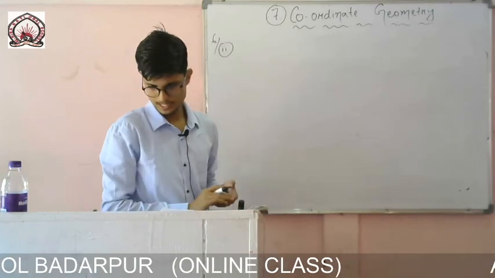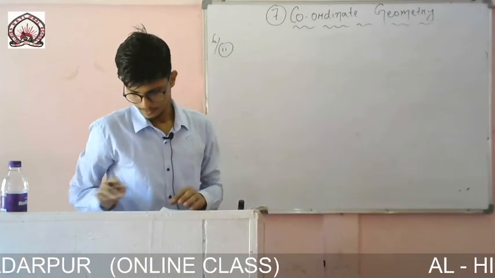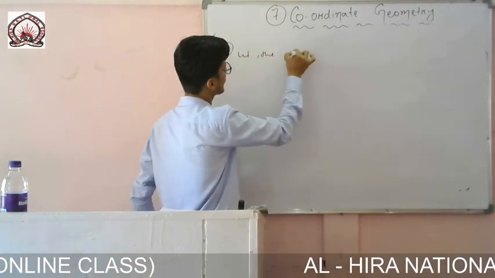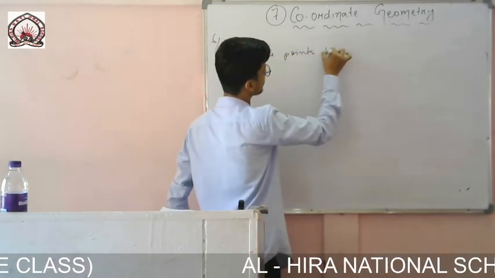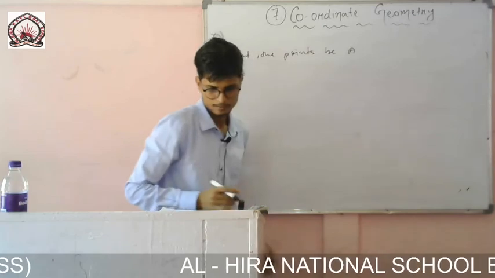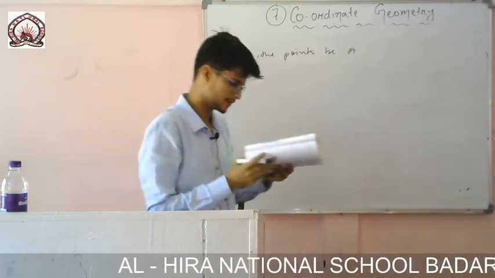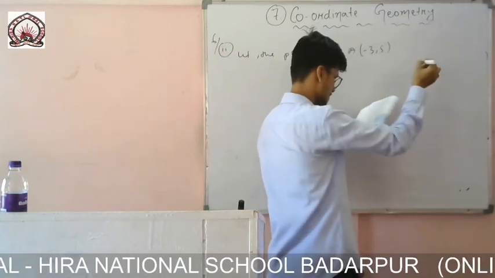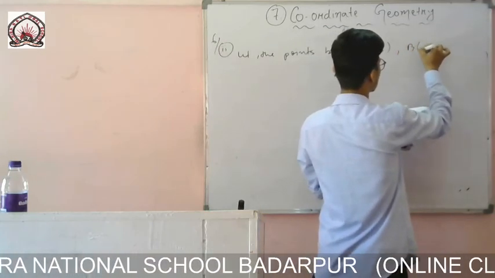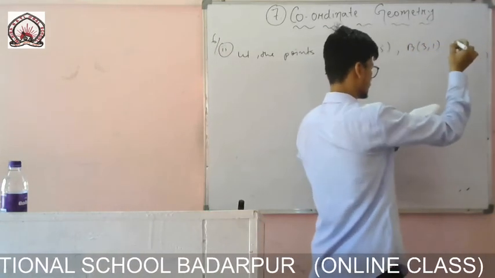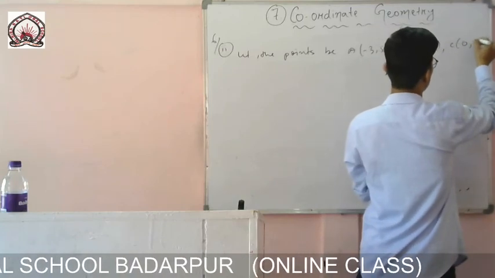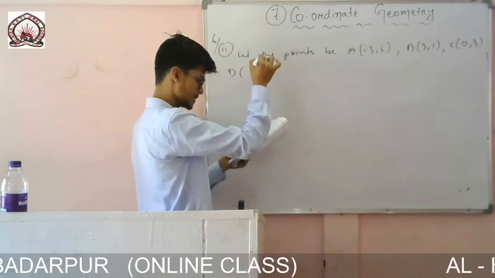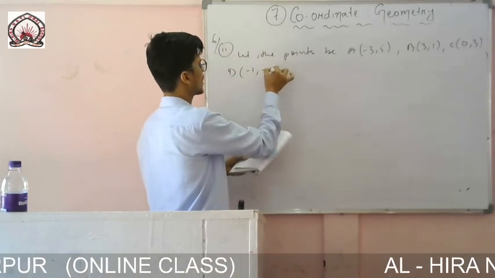Some points are given, so first of all we will name them. The names are not given, so let the points be A, B, C and D. The first one is minus 3 comma 5, then B is 3 comma 1, C is 0 comma 3, and D is minus 1 comma minus 4.